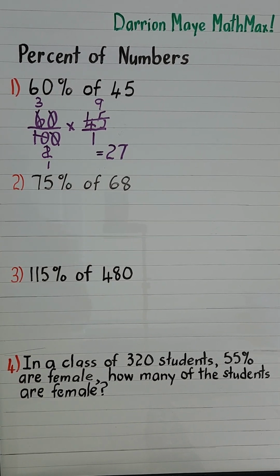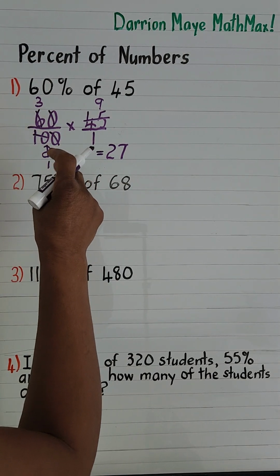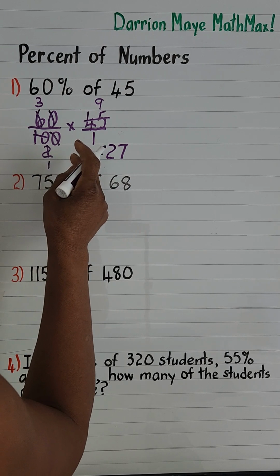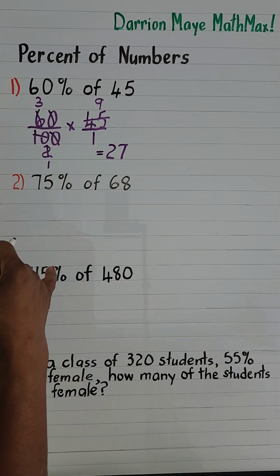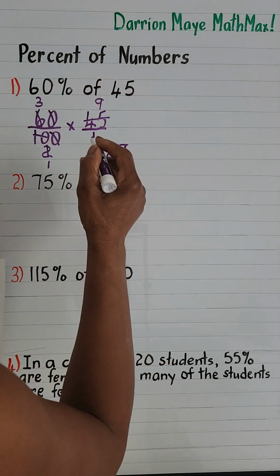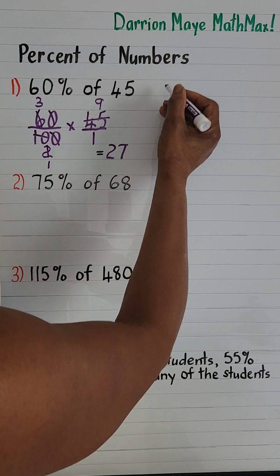Now, as a decimal, we know that 60 over 100 means 60 divided by 100. So, if we move the decimal point 2 places to the left, we will get 0.60.